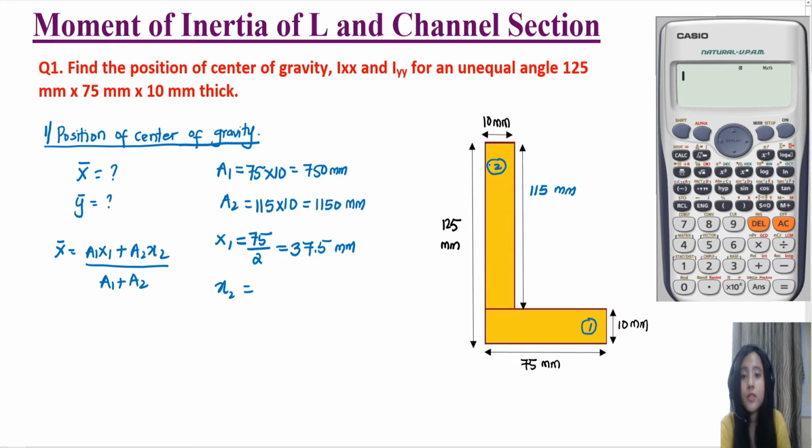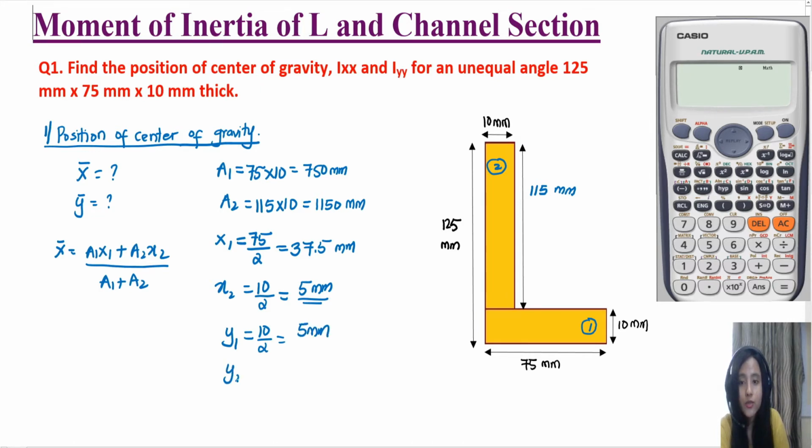It will be independent because it is the total base. So for x2 it is only 10, so it will be 10 divided by 2, which is 5 mm. Now similarly, y1 for this section will be half of this section, which will be equal to 10 by 2, equal to 5 mm.